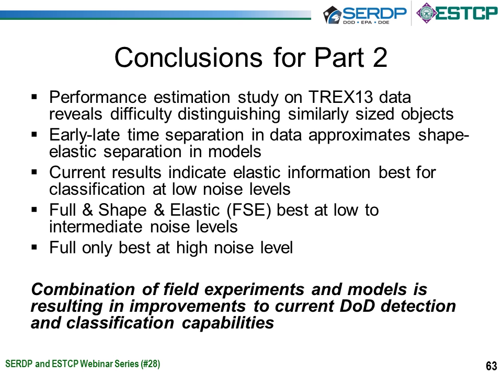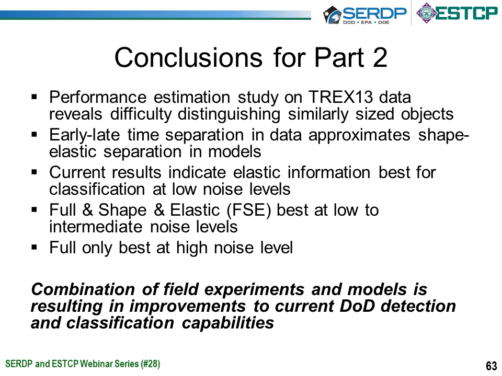So the conclusions for this final technical part: I tried to walk you through a simple example to give you a picture of what goes on in this classification side. Then I jumped to the performance estimation study that we've done on a real set of data. In the initial case, we had a difficult time distinguishing objects that are similarly sized.